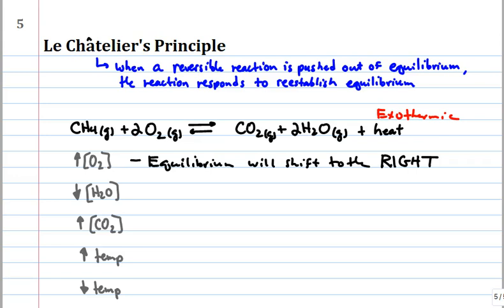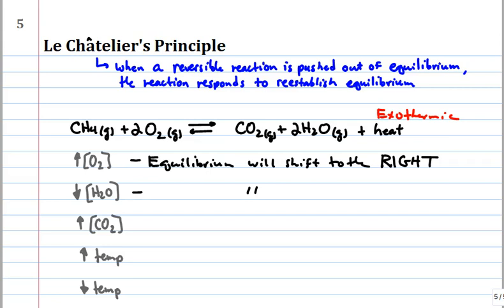What if you took away water? What if you were able to remove water from the reaction mixture? What will happen to the equilibrium? If you take away water, you've left a hole, if you will, on the right where the products are. So to reestablish equilibrium, you need to make more water.